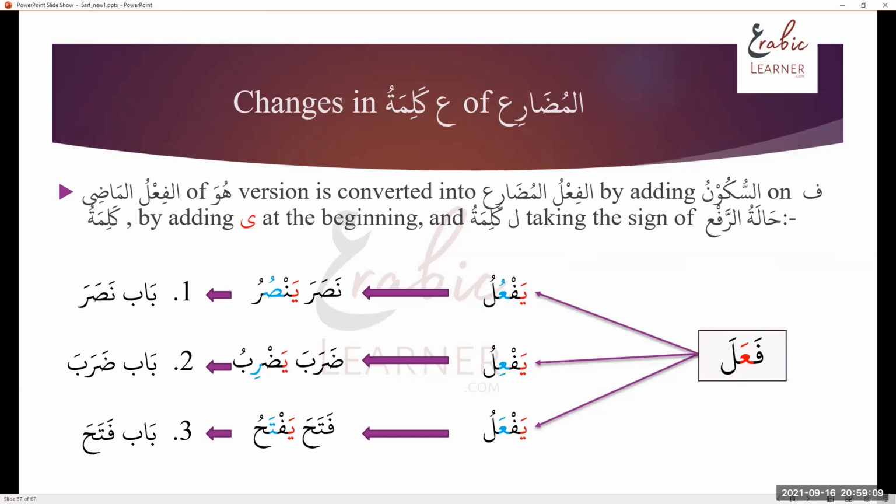And you will find it is easy to know. Okay? If you practice it, you will find it very easy. Don't worry. You just have to remember this. Nasara Yansuru, Daraba Yadribu, Fataha Yaftahu. This combination you have to memorize. Okay? So you don't need to worry about it.